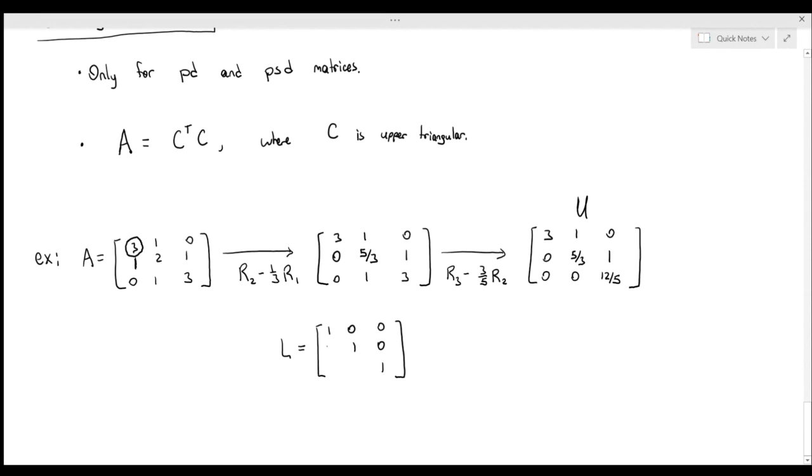and then you place it in the corresponding entry of L. So for instance, the 2, 1 entry of L, here I did row 2 minus 1/3 of row 1. So I'm going to take that negative 1/3, change the sign to make it positive 1/3, and then place it in the 2, 1 position. Likewise over here, from this row operation, I'm going to put a positive 3/5 in the 3, 2 position.